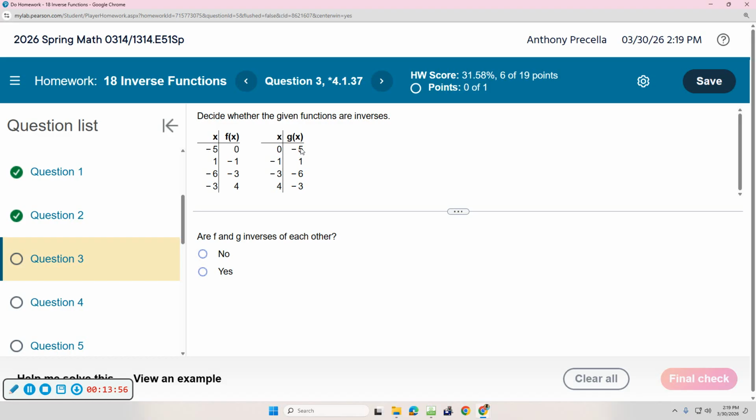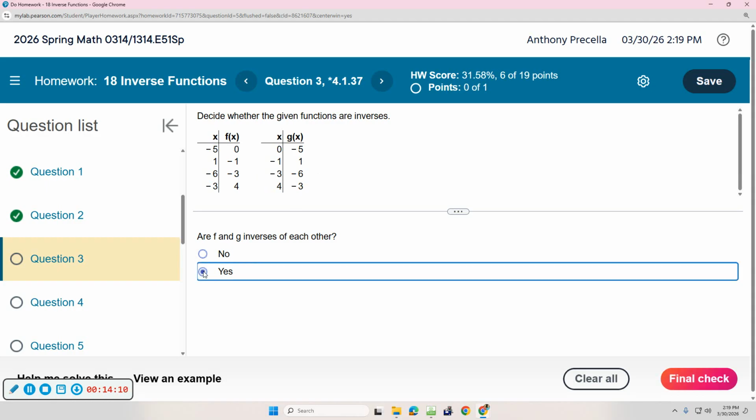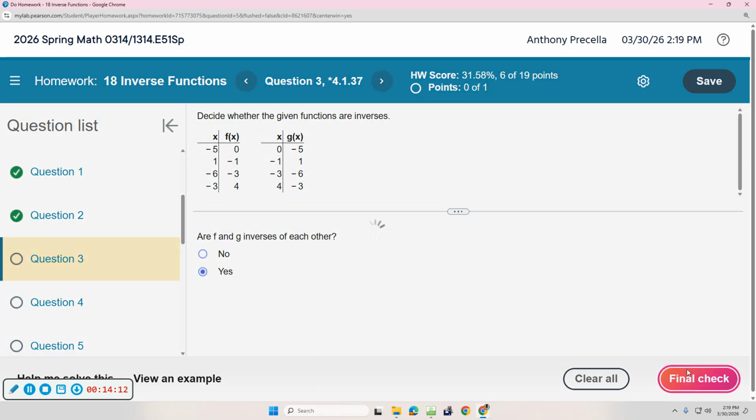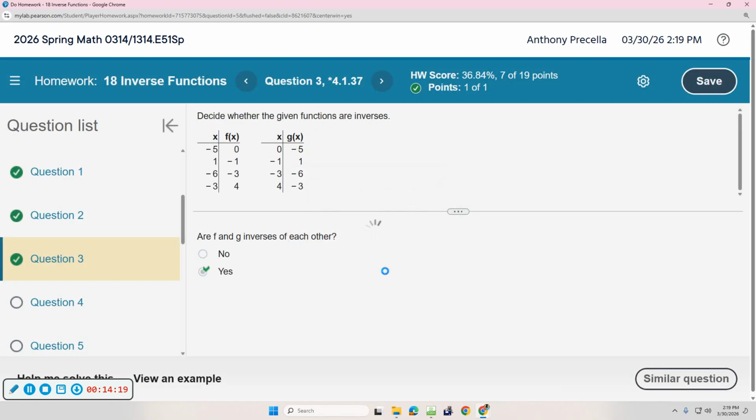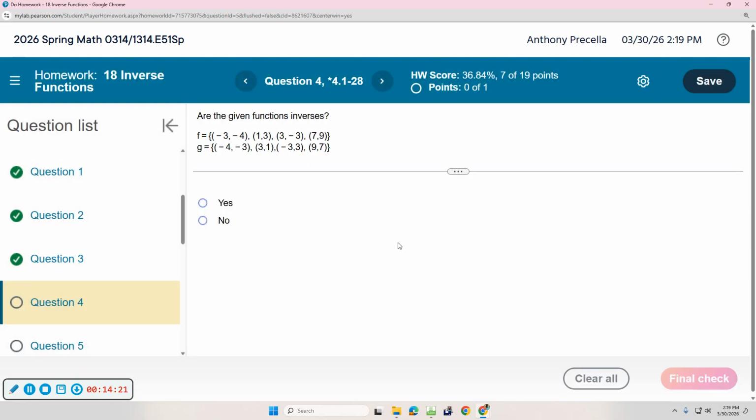Swapping them, it becomes 0, -5. I agree there. What about the second row? Yeah, that's okay. The third row? Yes. The fourth? Everything is swapped, so yes, they are inverses. Now just because mine is yes doesn't mean your number 3 is going to be yes. Sometimes they have it written a little bit differently to switch them.